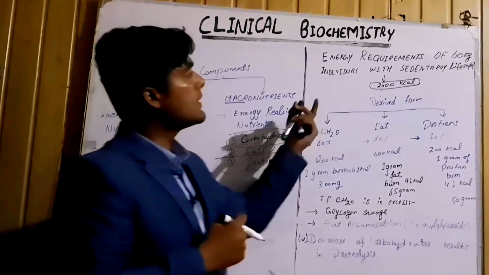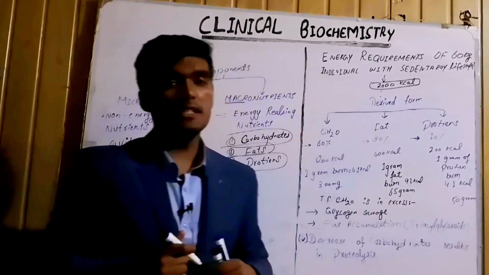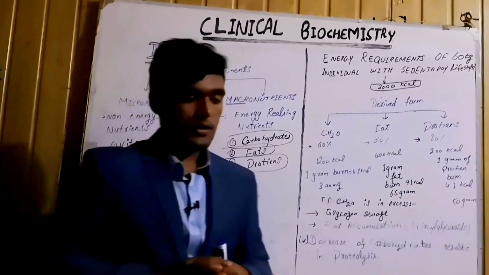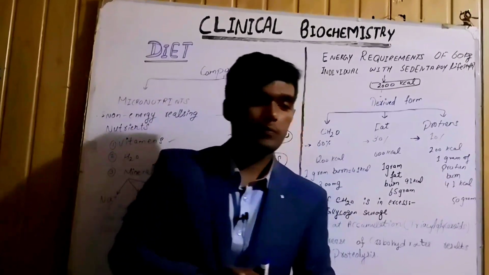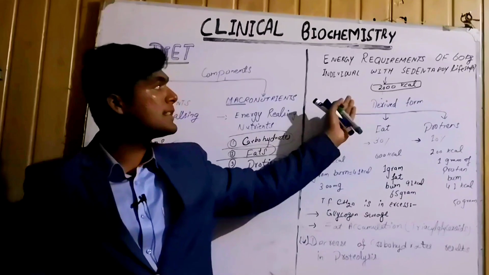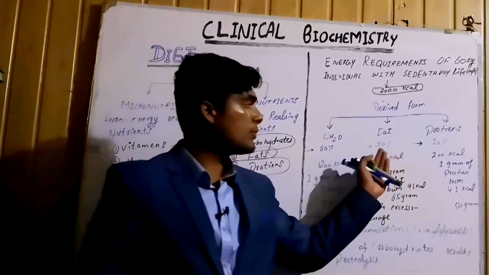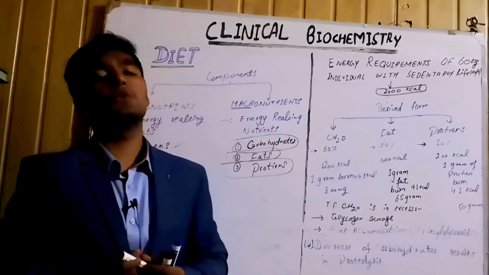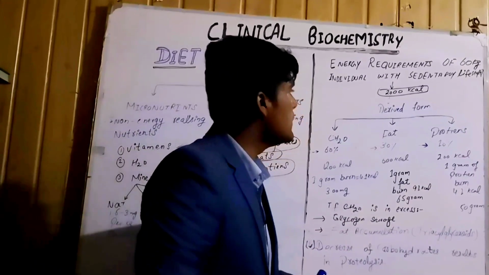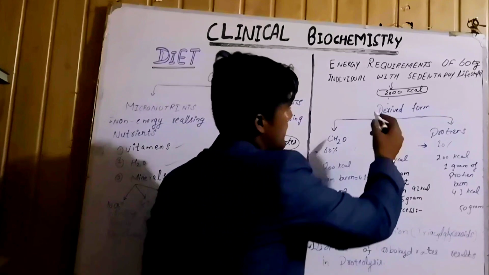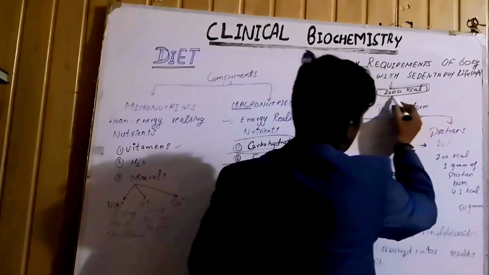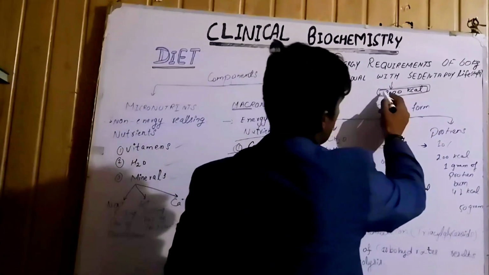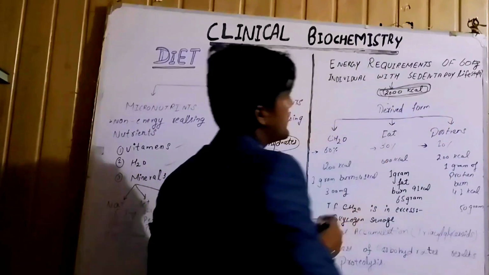Now talking about the energy requirement of a 60 kg individual with a sedentary lifestyle. By knowing this calculation, you are able to calculate your energy requirement according to your weight. Every person requires about 2000 kilocalories.